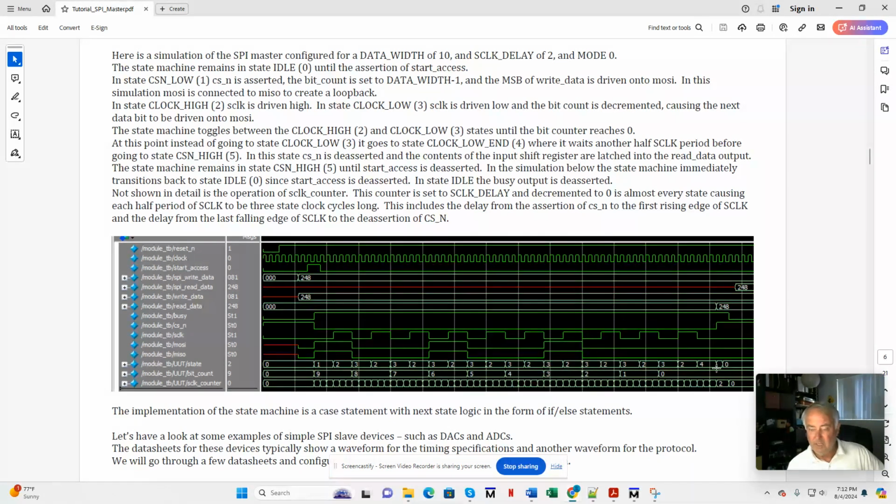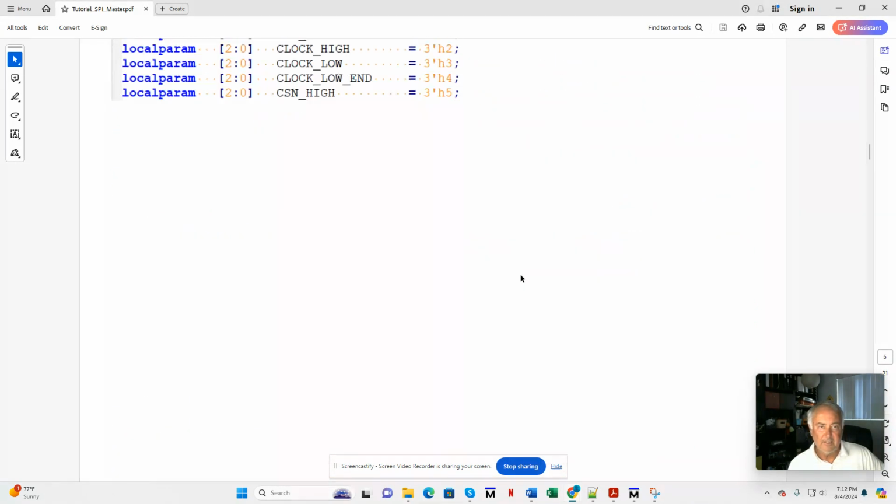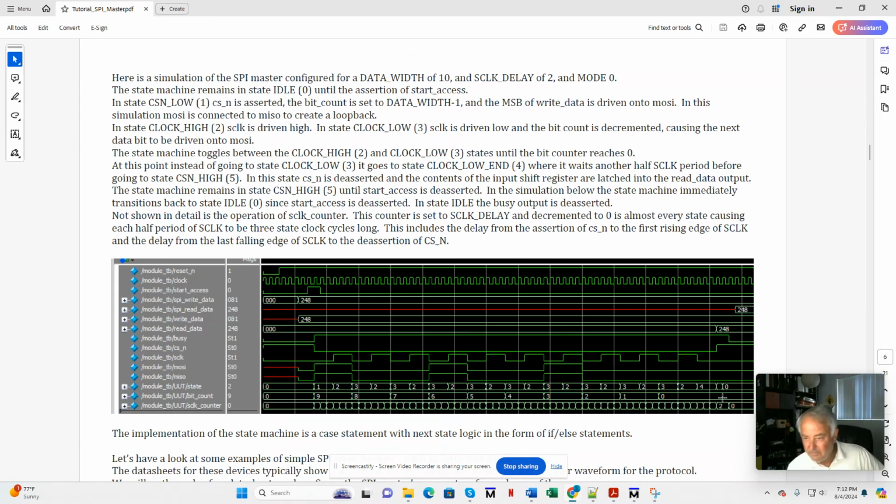So at the end of state 4, we transition to state CSN low. Can't see that there, but there it is. Sorry, CSN high, state 5. And then at that point, we also latch the contents of the input shift register that's been capturing the state of MISO.